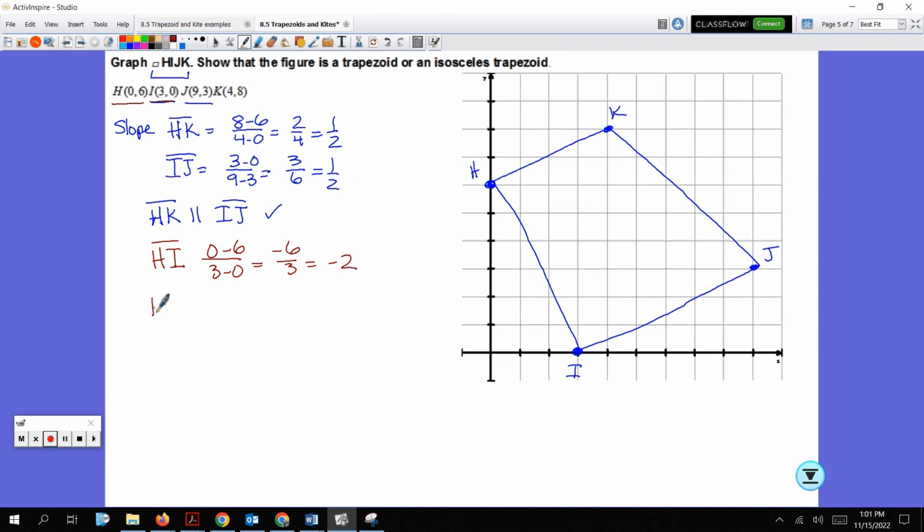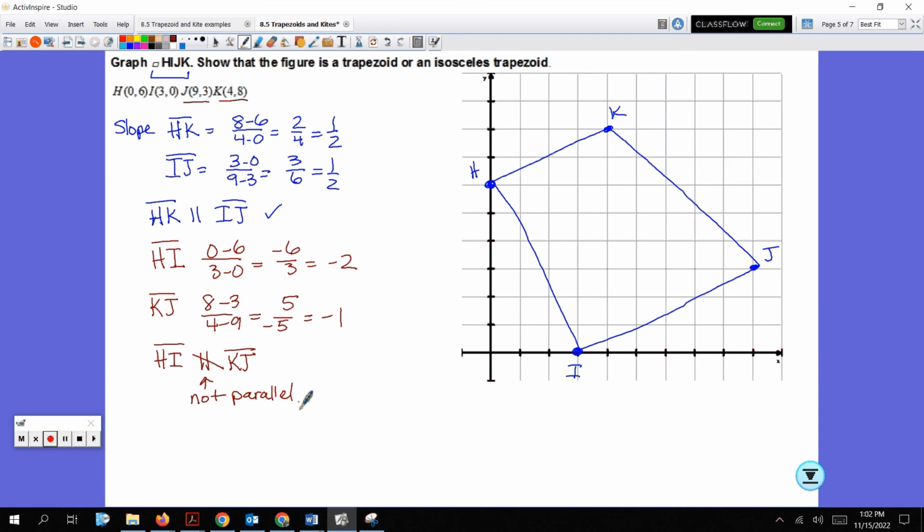And then KJ: 8 minus 3 over 4 minus 9. 8 minus 3 is 5. 4 minus 9 is negative 5. Please forgive me. This is negative 1. So they are not parallel. So HI is not parallel to KJ.